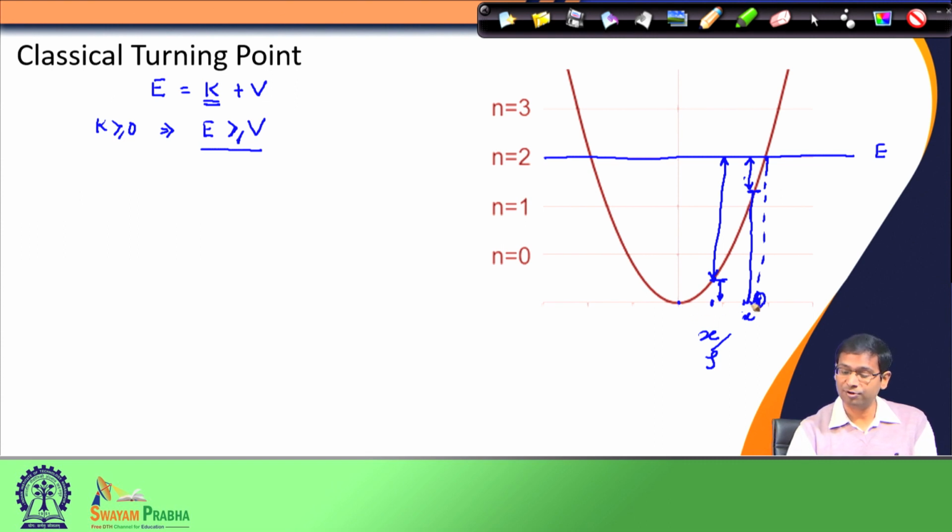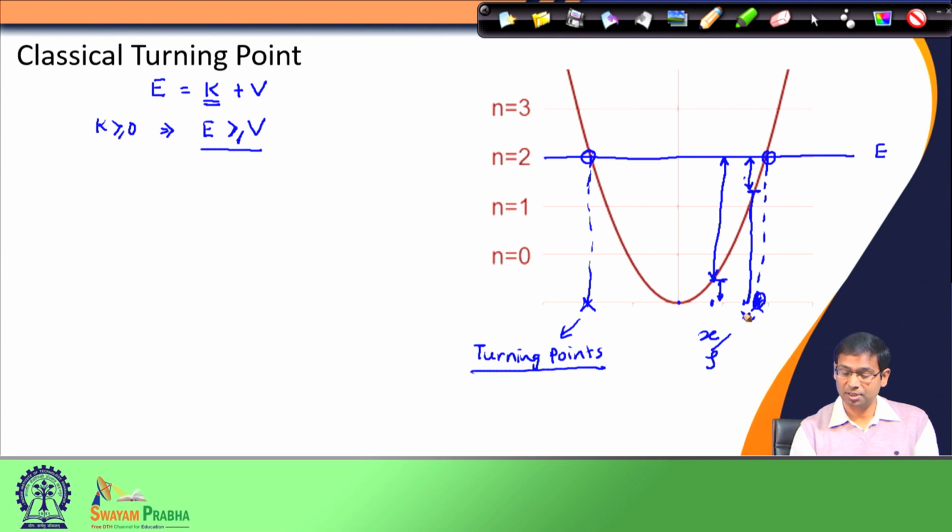Instead of going further along the displacement axis, it comes back in the reverse direction. The potential energy falls, and then again increases along this direction until I reach this point. Again at this point my total energy is potential energy, so the kinetic energy is 0. These 2 points are called the turning points. This is one turning point, this is another turning point.